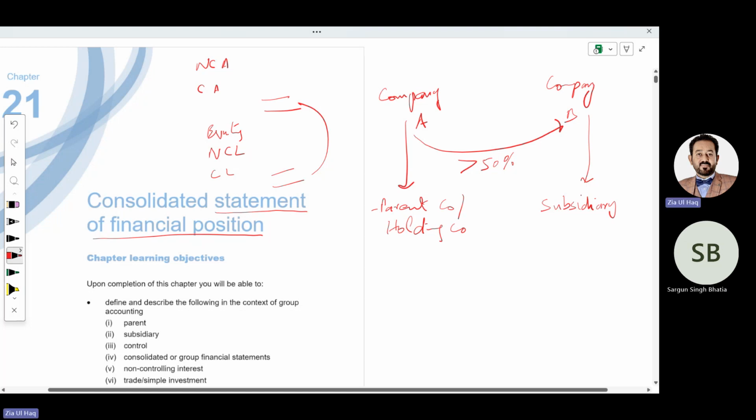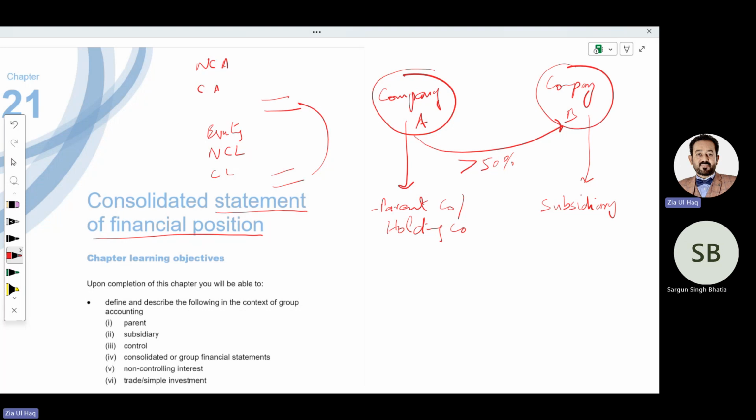So if company A has bought more than 50% shares of another company, in that case, the investor company will be called parent company, meaning holding company, and the investee company will be called subsidiary.